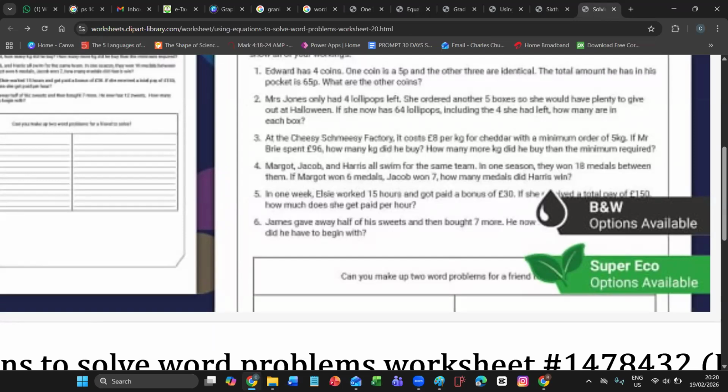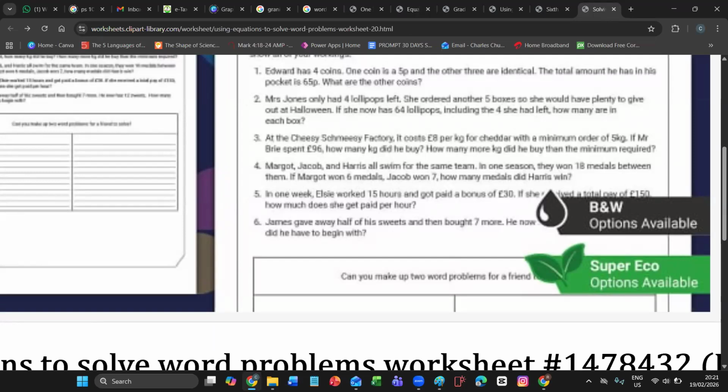That's the lowest one can spend on that minimum order of 5 kilograms. The question is this: if Mr. Bree spent £96, how many kilograms did he buy? There are even two questions. Second question, how many more kilograms did he buy than the minimum required? See, two questions in one.